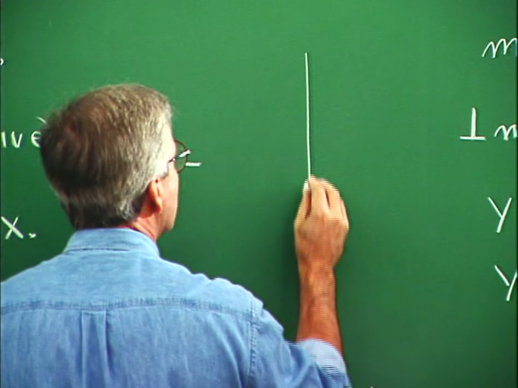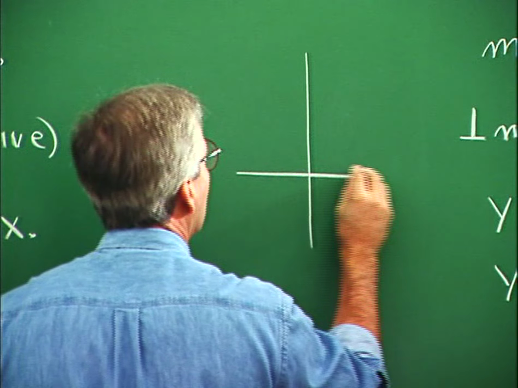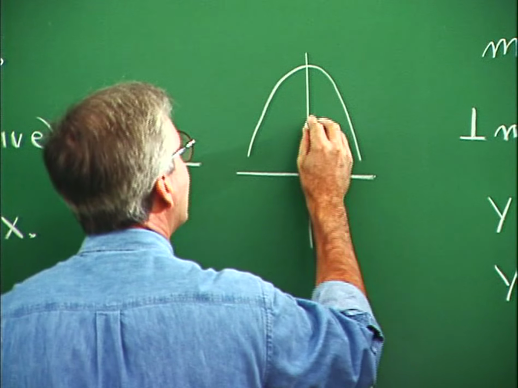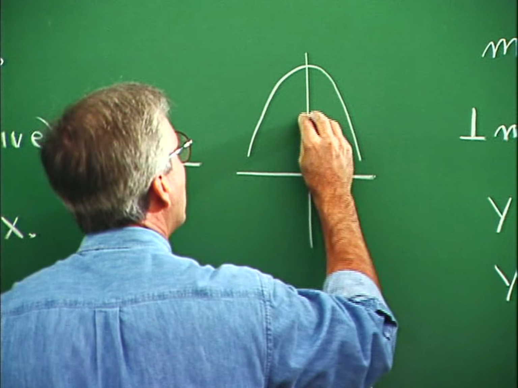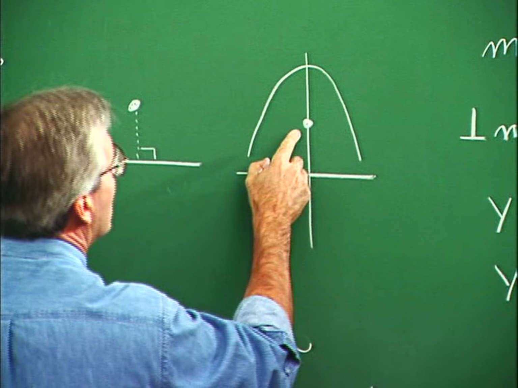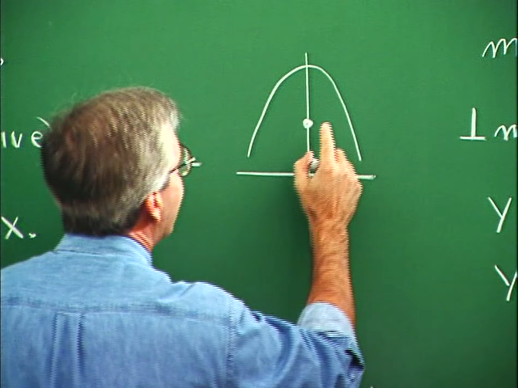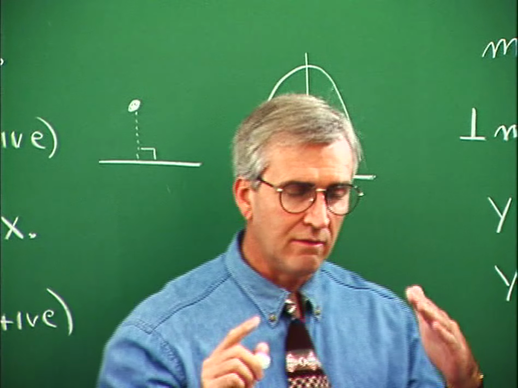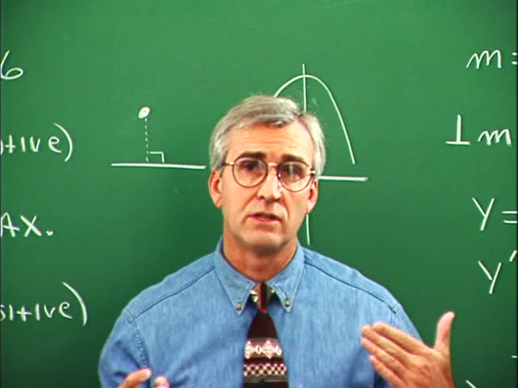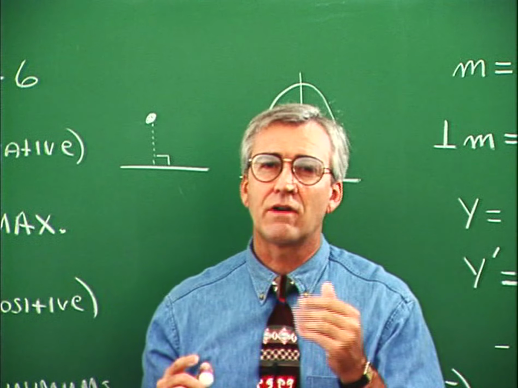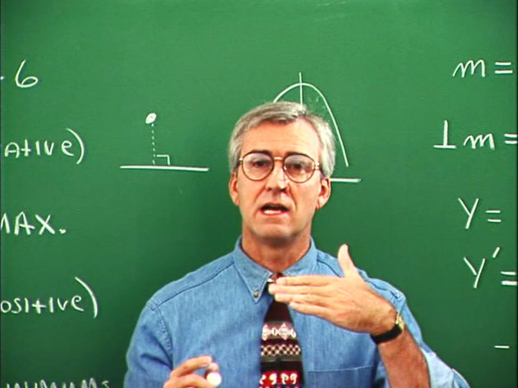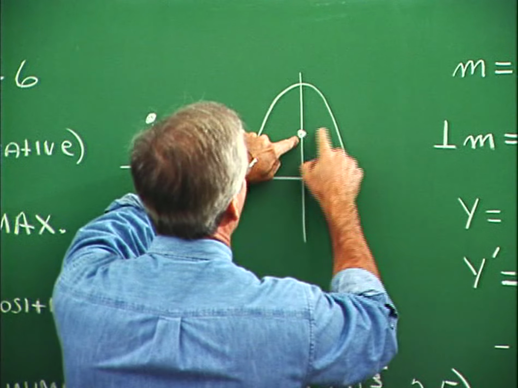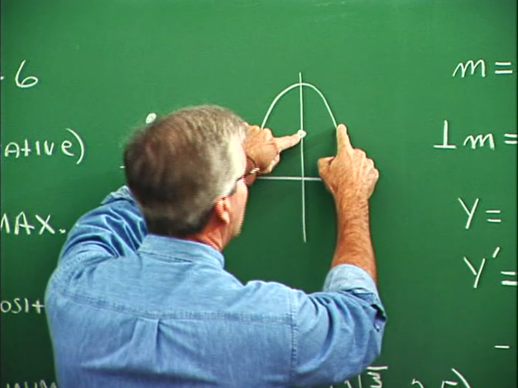We have a situation where we've got a point here, and we want the shortest distance from the point to the graph. And if we think about the graph being composed of a whole lot of tangent lines, then we want that very special tangent line that is perpendicular to a line that's from this point to a spot on the graph.